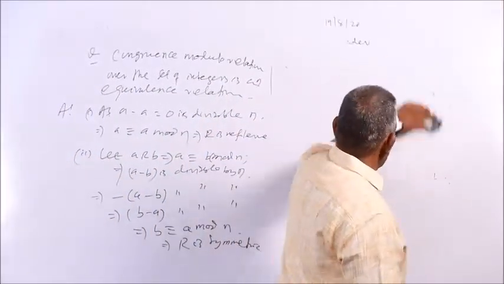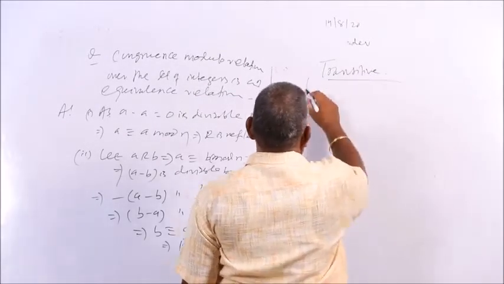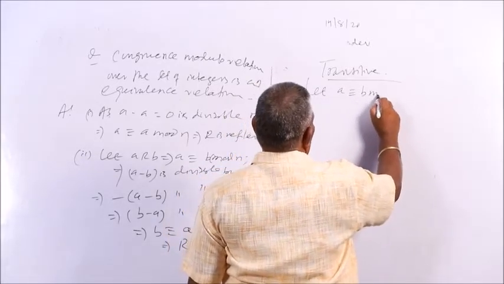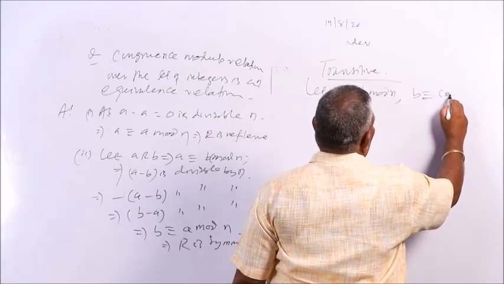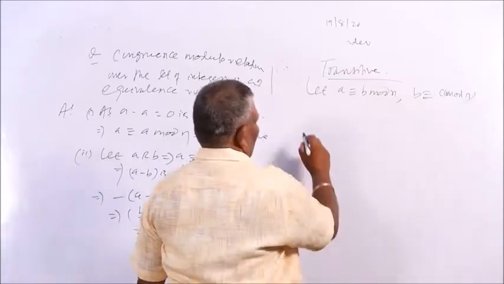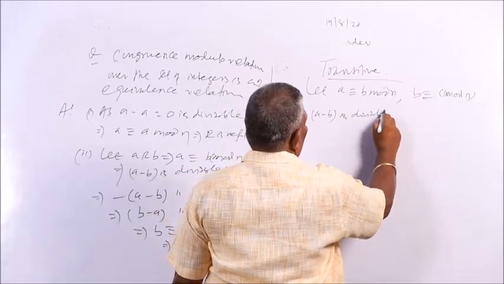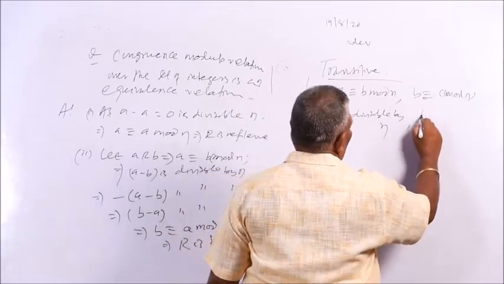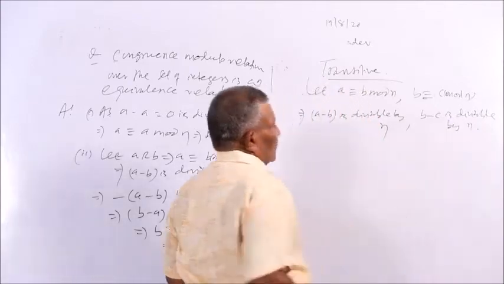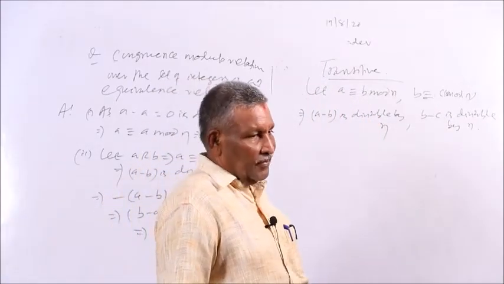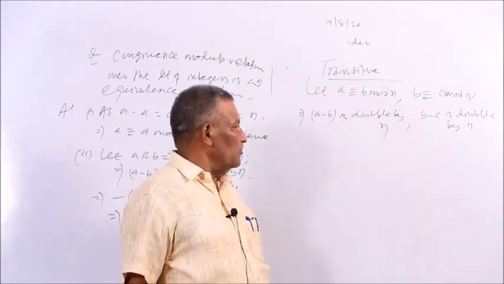Next we will come to our transitive property. Let a be congruent to b mod n, b congruent to c mod n. That implies a minus b is divisible by n, b minus c is divisible by n. Suppose 25 is divisible by 5, 20 is also divisible by 5, then 25 plus 20, that is 45, is divisible by 5.